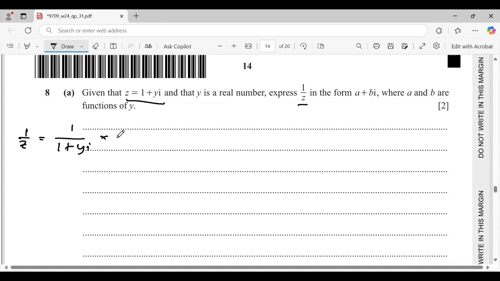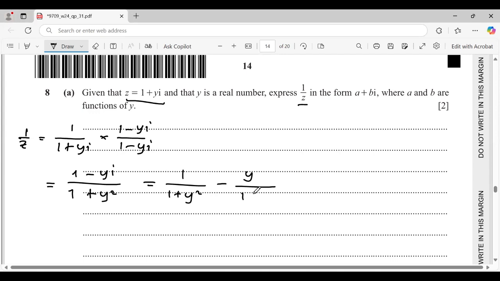Now, I'd like to multiply by the conjugate of this denominator, 1 minus yi. And if you calculate, it becomes 1 minus yi over 1 plus y squared. I would like to separate, it becomes 1 over 1 plus y squared minus y over 1 plus y squared i, like this.